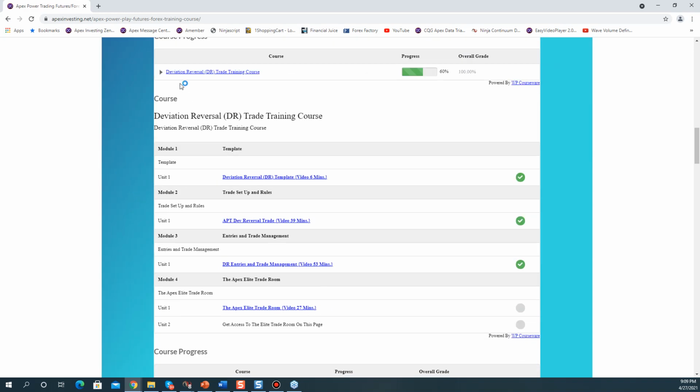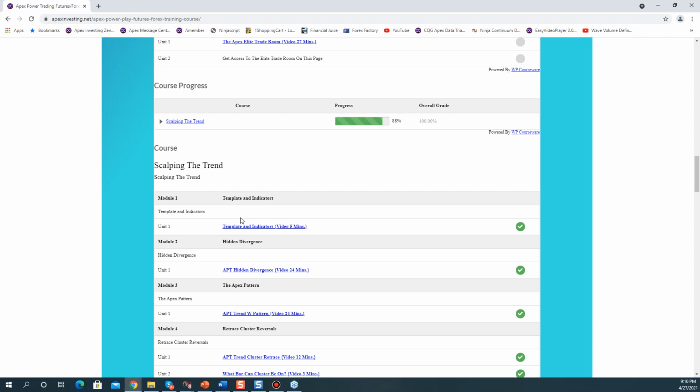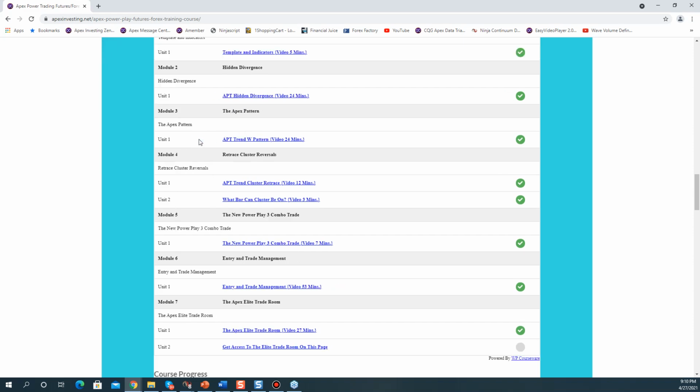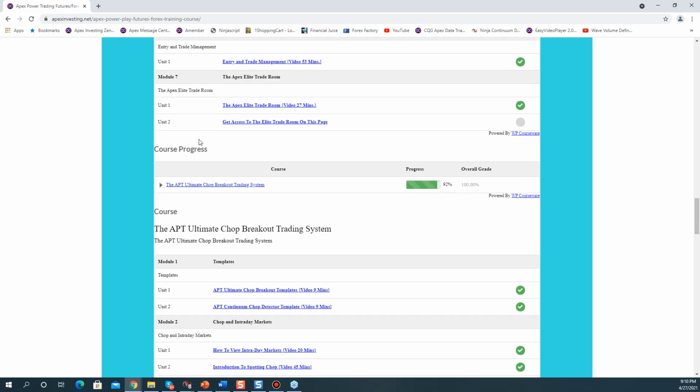There's all kinds of old trades in here, a deviation reversal trade, some directional trades, reversal trades, all kinds of stuff in here, okay? All this old template and indicator stuff, all these courses were built with old templates, built with NT7. You're not going to need to worry about all that kind of stuff.